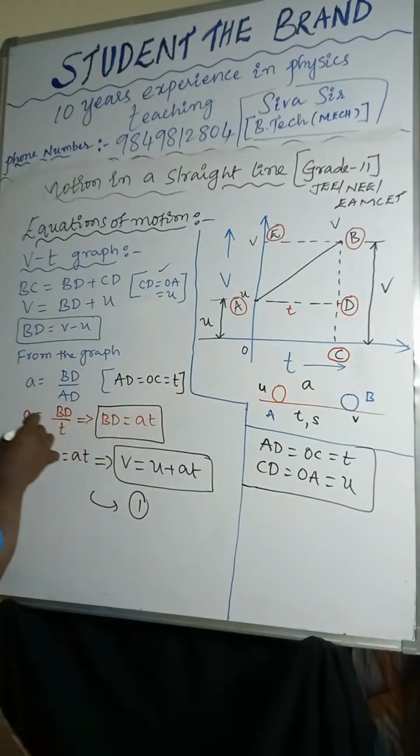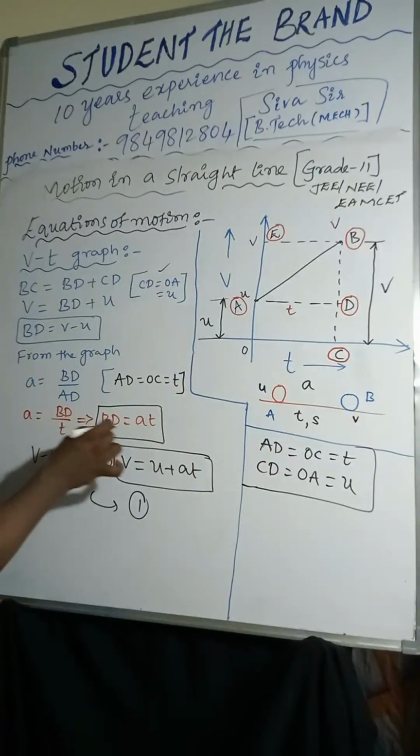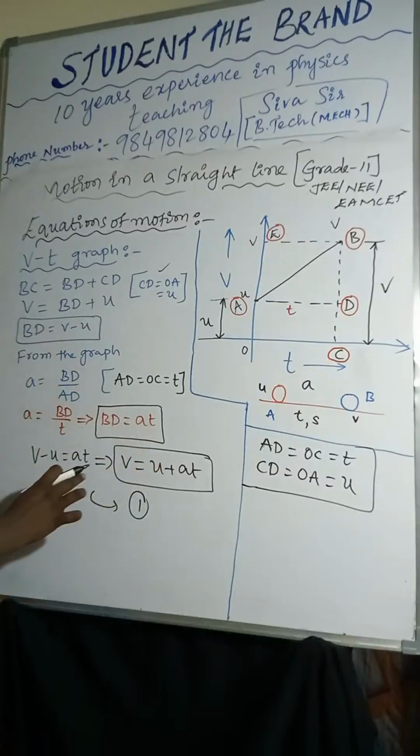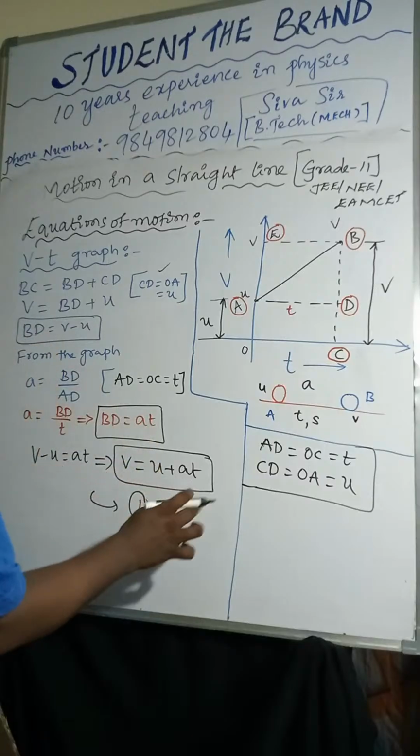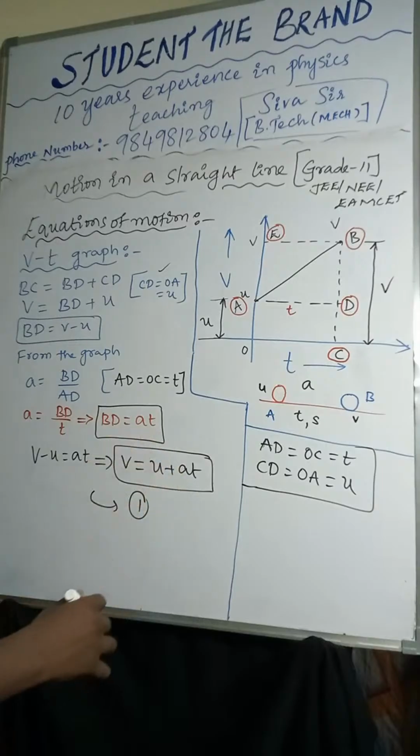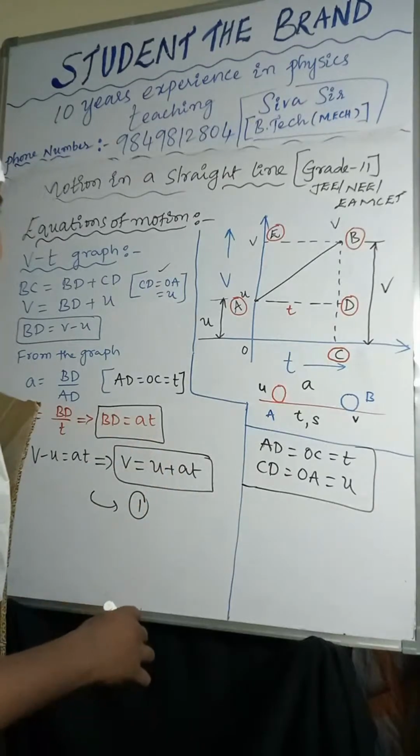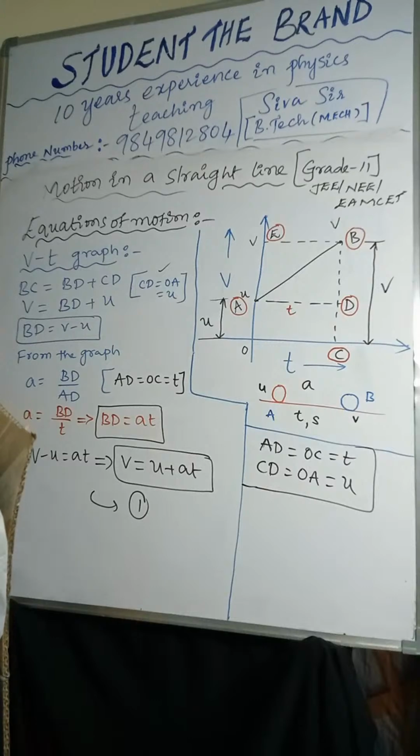AD is nothing but T, so A equal to BD by T, so BD equal to AT. If you substitute, V minus U equal to A into T, so V equal to U plus AT. That is equation number 1. I hope it is very clear to you all.